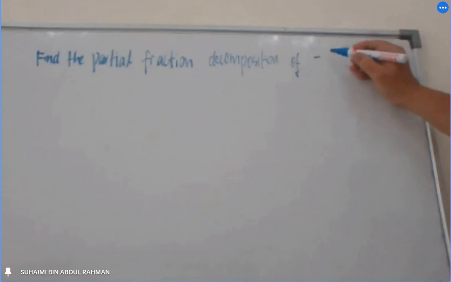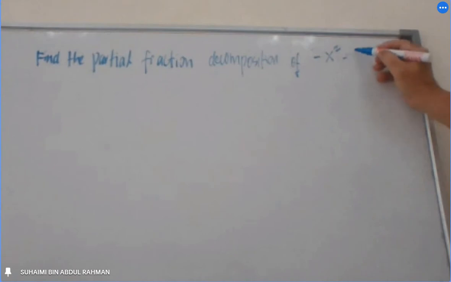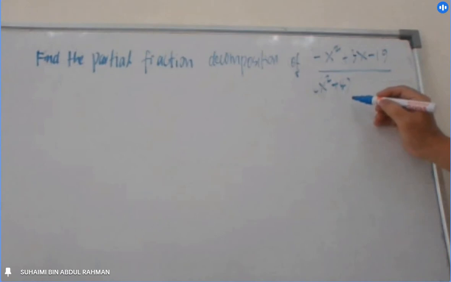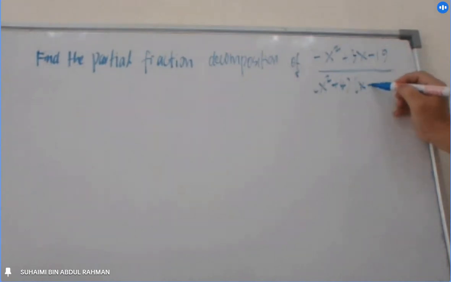Minus x squared plus 5x minus 19 over x squared plus 4 x minus 1.